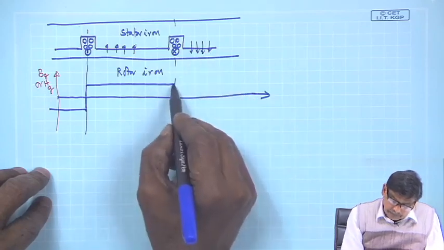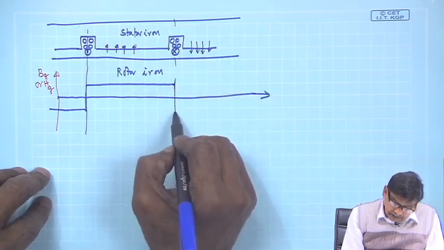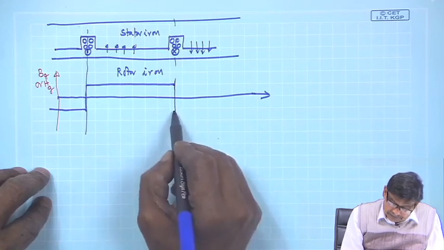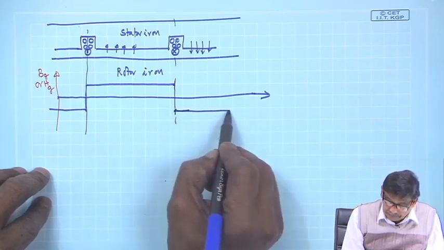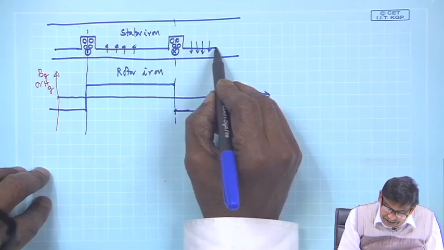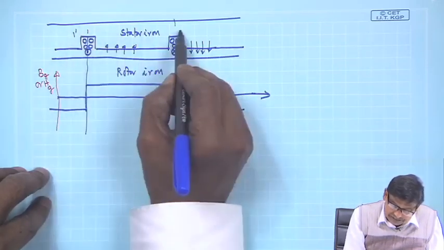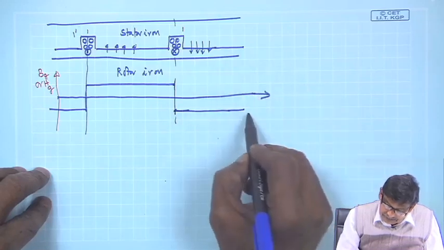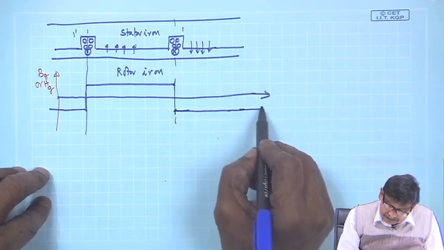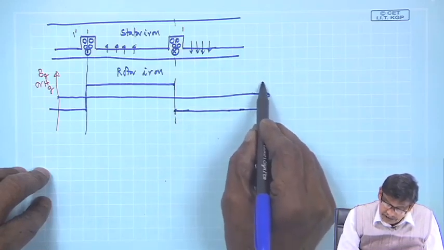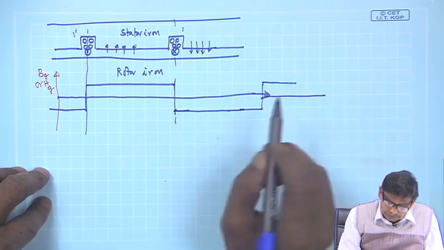So it will be like this here, till once again you will see this one dashed and this is one, a symmetric square wave, plus to minus you will get.